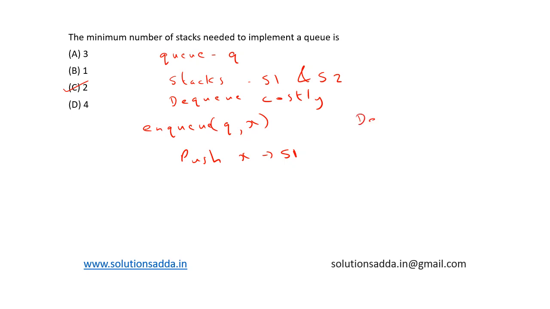Now to DQ from a particular queue: first, if both stacks are empty, then return error.